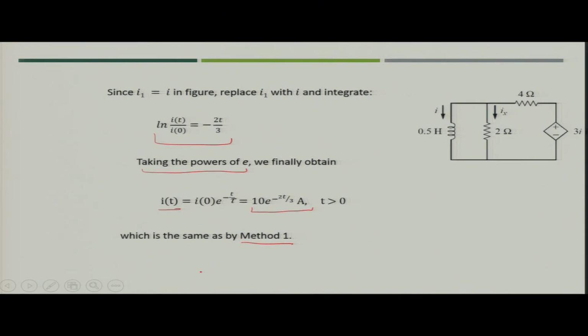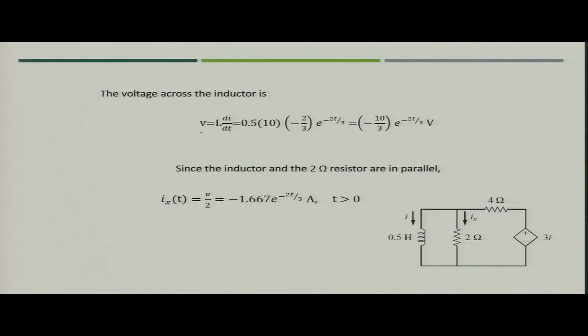So, either you use the Kirchhoff voltage law directly on the circuit, or you use Thevenin theorem, you will get the same result. So, now we have got the value of I(t). The next task is we need to find the value of V, which is nothing but the voltage across the inductor.